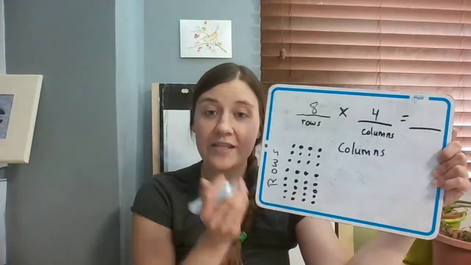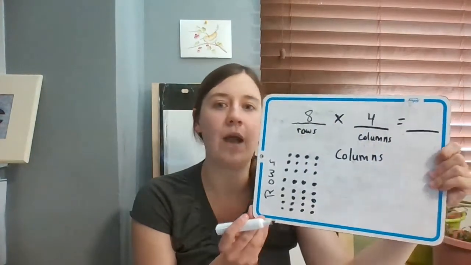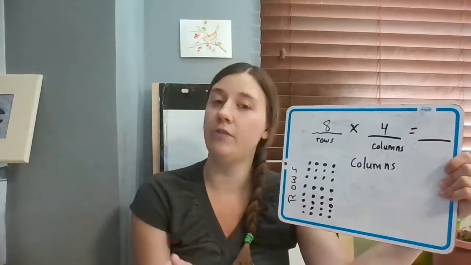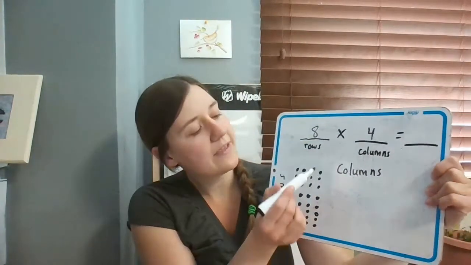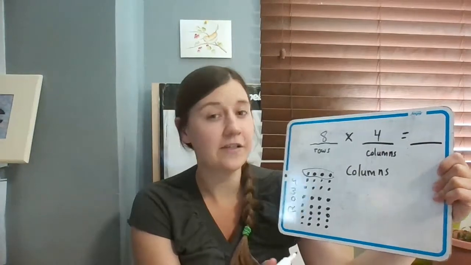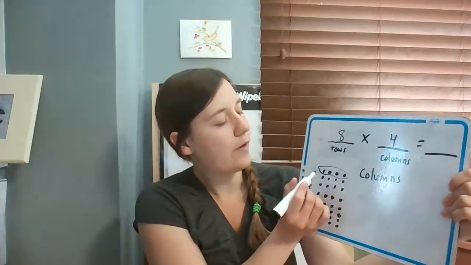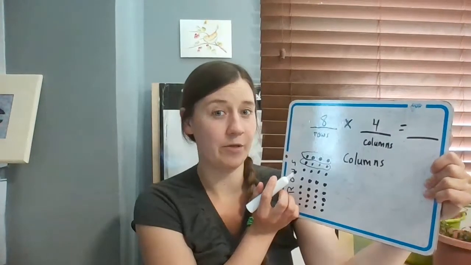Now I can use these dots to help me count. So even if I don't know how to count by 4, I can make sure I'm counting by 4 correctly by counting my dots. So this row has 4, and every single row has 4. So 4 plus 4 is 8. That's a double, we know that.